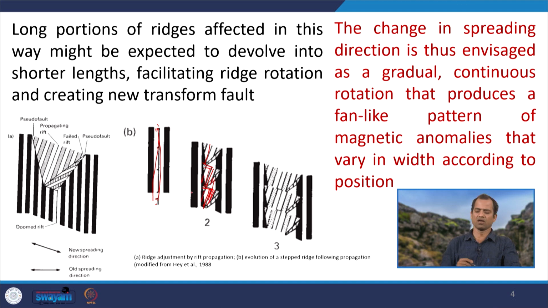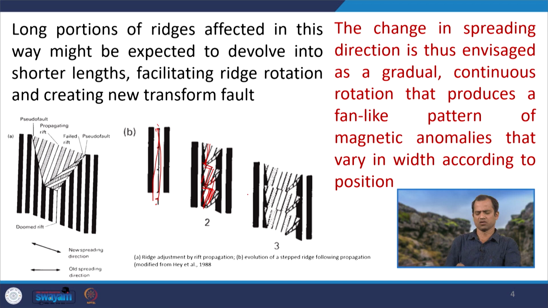However, the change in the spreading direction is thus envisaged as a gradual continuous rotation that produces a fan-like pattern of magnetic anomalies that vary according to the position.